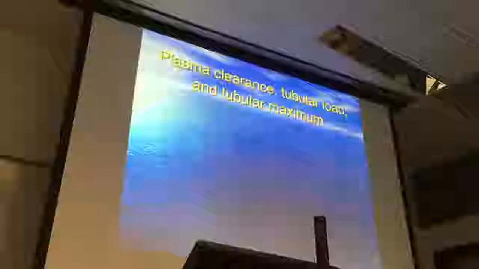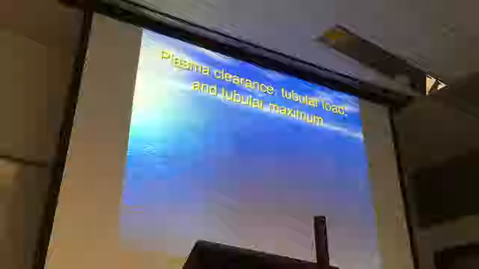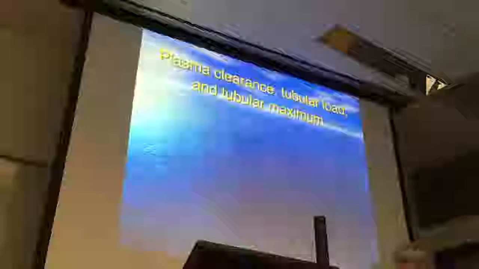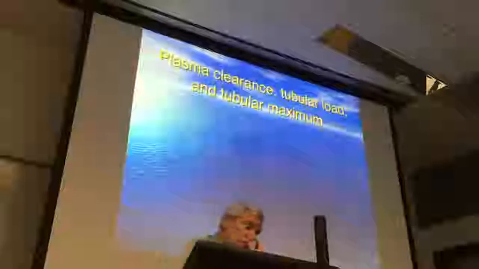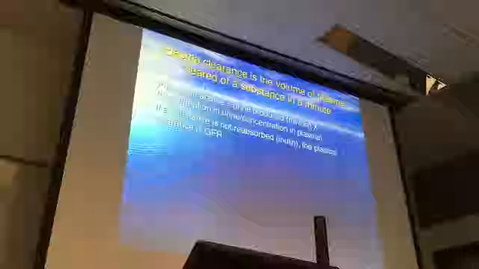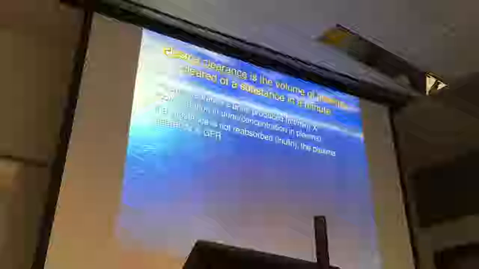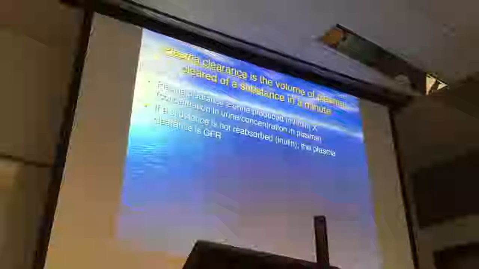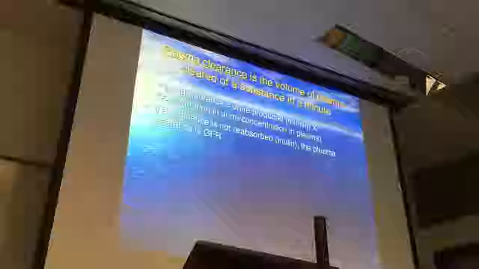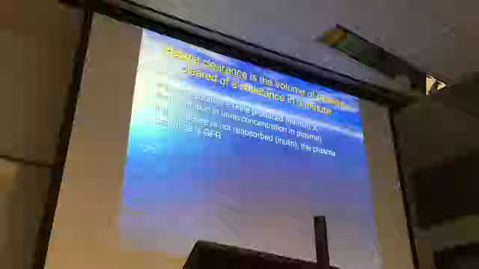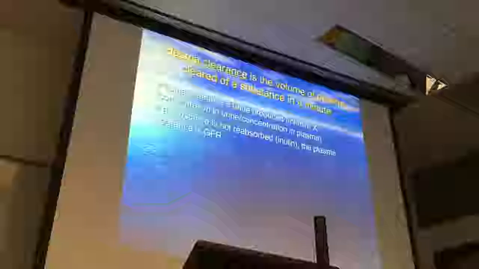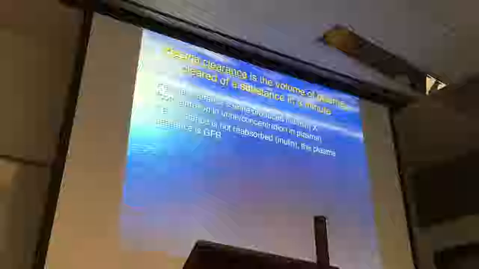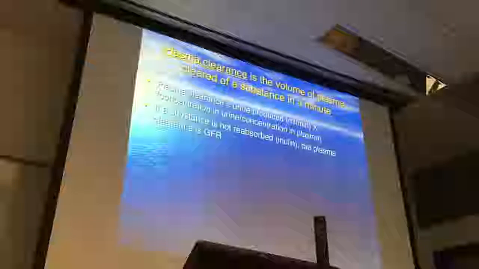Okay, let's go and talk about some measures of renal function. So we're going to talk about plasma clearance, tubular load, tubular maximum. First, we're going to look at plasma clearance. It's the volume of plasma that is totally cleared of a substance in 1 minute. Now, what volume of filtrate is formed every minute? 125 milliliters.